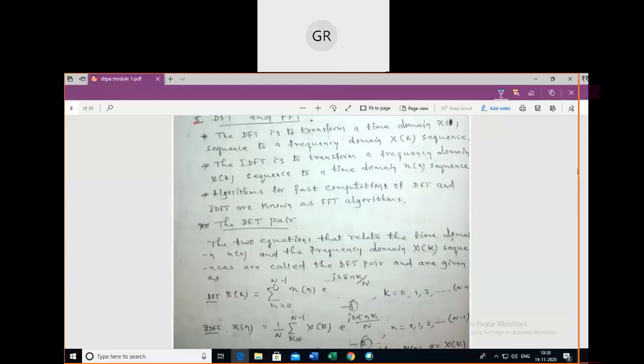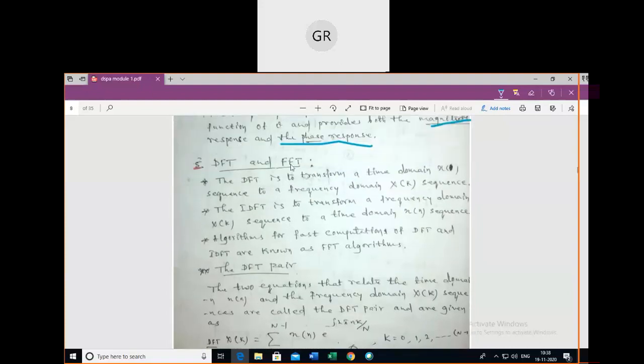Next, I will discuss the DFT and FFT. What is DFT? Discrete Fourier transform. FFT means fast Fourier transform. Discrete Fourier transform means conversion of a time domain sequence to the frequency domain. That is DFT.